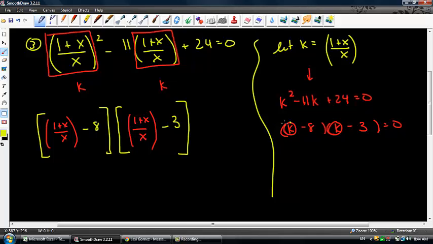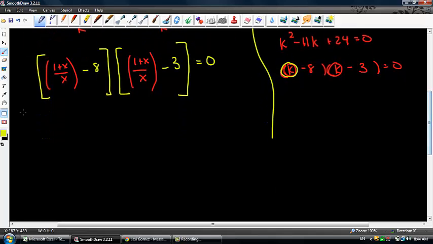Right, you see how I let k out, it's almost like putting it in a cage and then I let it out of the cage. So now I let it out of the cage, it's the big thing again. So now, don't forget, all this equals 0.